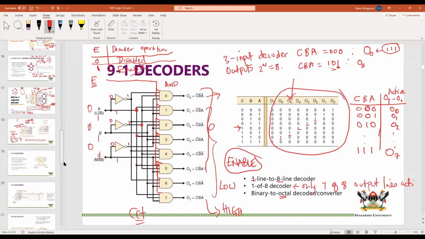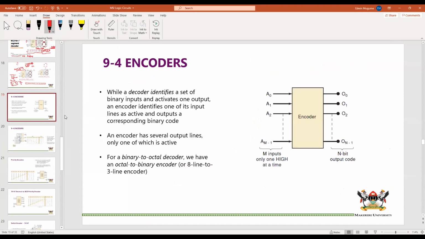Encoding is the opposite operation. With encoding, usually we have something at the output. We have so many possible outputs, and we encode an input that is equivalent to that output. Now, let's say that we have 8 separate inputs here.